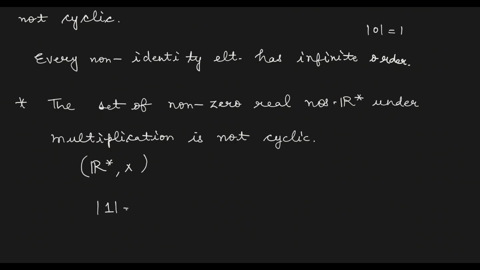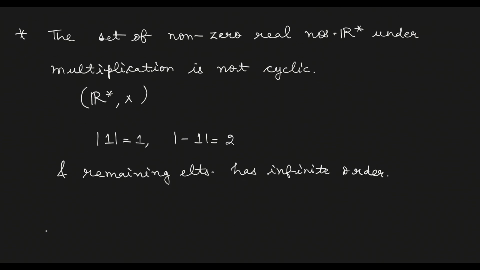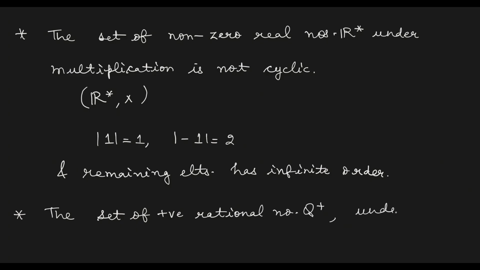Order of 1 will be 1, order of -1 will be 2, and the remaining elements have infinite order. The set of positive rational numbers under multiplication is not cyclic.